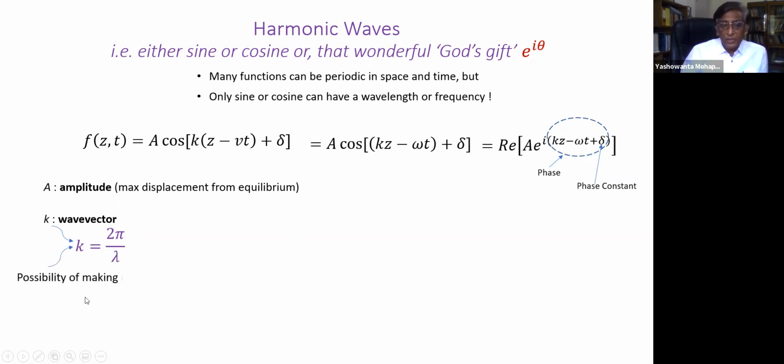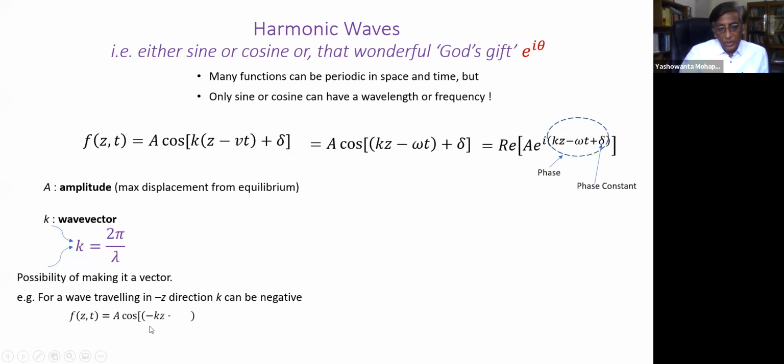There's a possibility of making it a vector later, so instead of lambda, we use k. There are other advantages. For example, for a wave traveling in the minus z direction, I need to just switch k to minus k: cos(minus kz minus omega t).